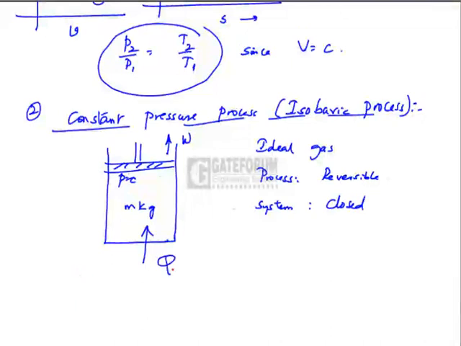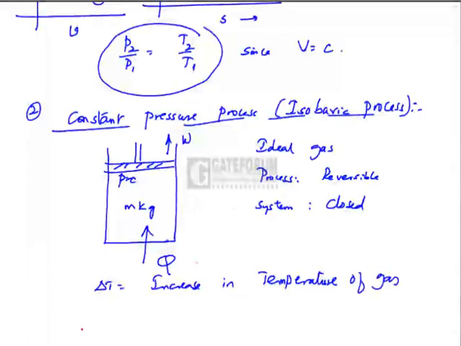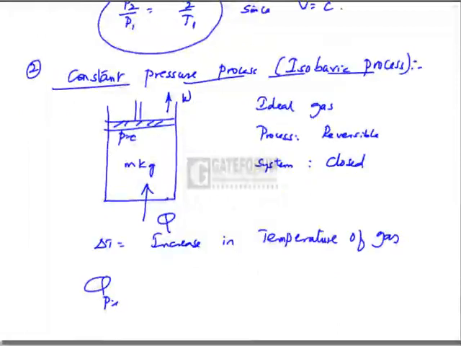If Q is the amount of heat supplied in this constant pressure process to m kg of the mass of the gas, and if delta T is the increase in temperature of the gas, then heat supplied in constant pressure process can be given as mCp delta T kilojoules, where Cp is the specific heat at constant pressure.